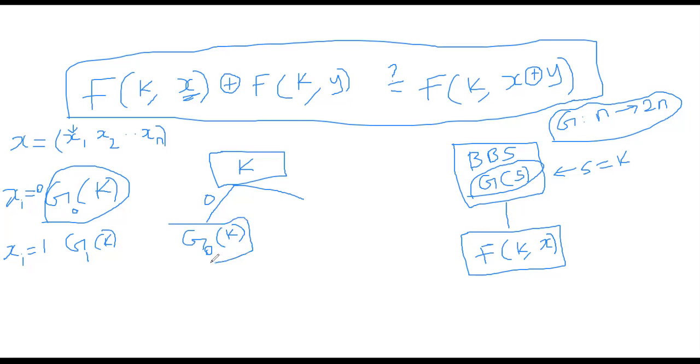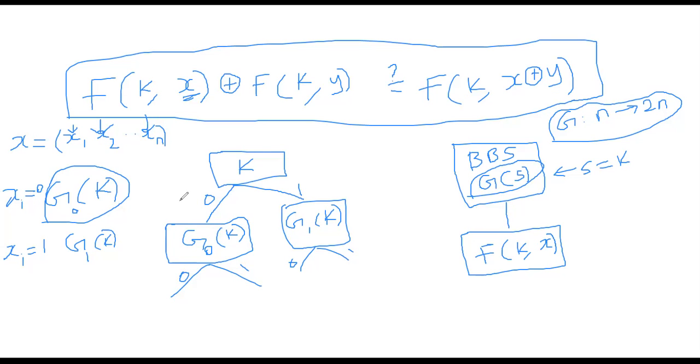And then we take that as the seed for the next round. We continue like this, 0 or 1, again 0 or 1, and this node becomes the seed now. We call g again, and then we take the left or right half depending on the value of x2, up to xn. So there will be n levels.